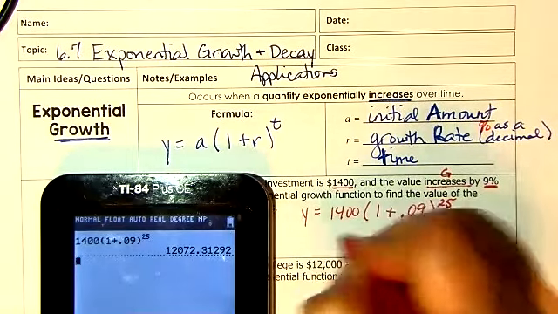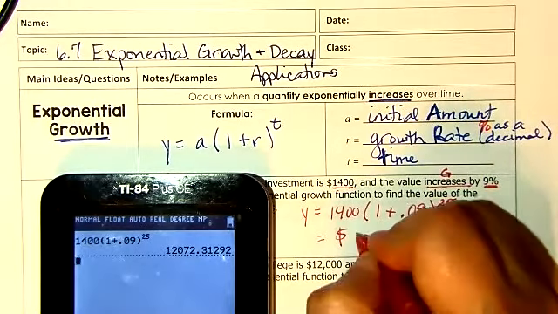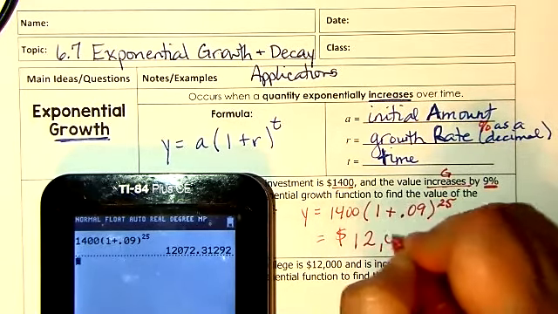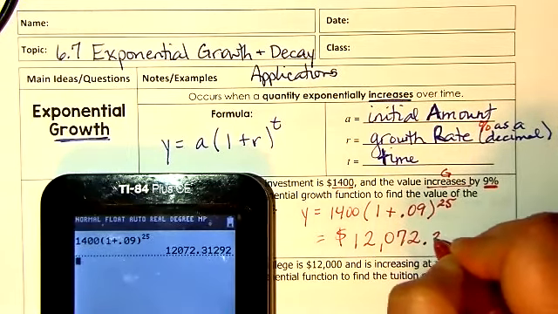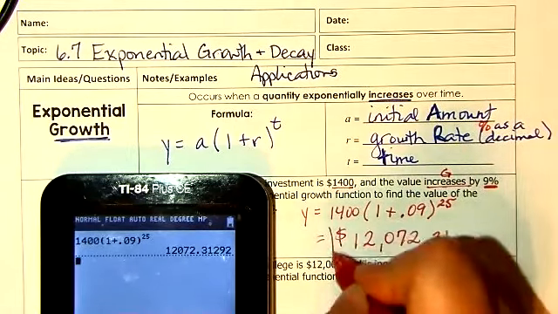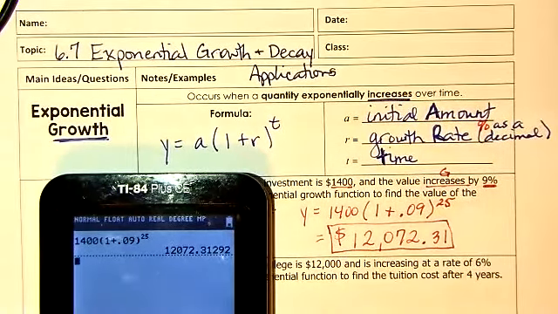So my answer is, and we're talking about money, so I have to have my units, $12,072.31. This is my final answer. Okay, so we're just labeling the information in there and plugging it in.